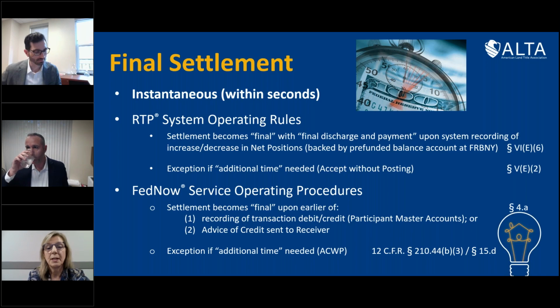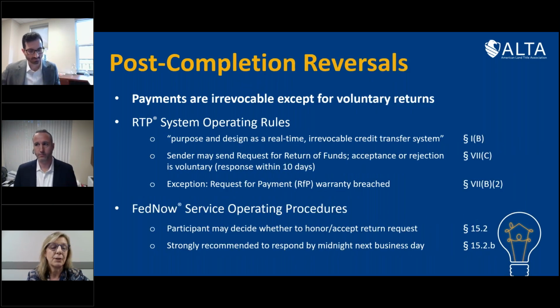Like with wires, this means that payment, including discharge of any underlying debt, happens simultaneously with the posting of the payment transaction between banks. Once the payment shows up as having been processed to the consumer, it is already completed. Again, this literally happens in a matter of seconds.